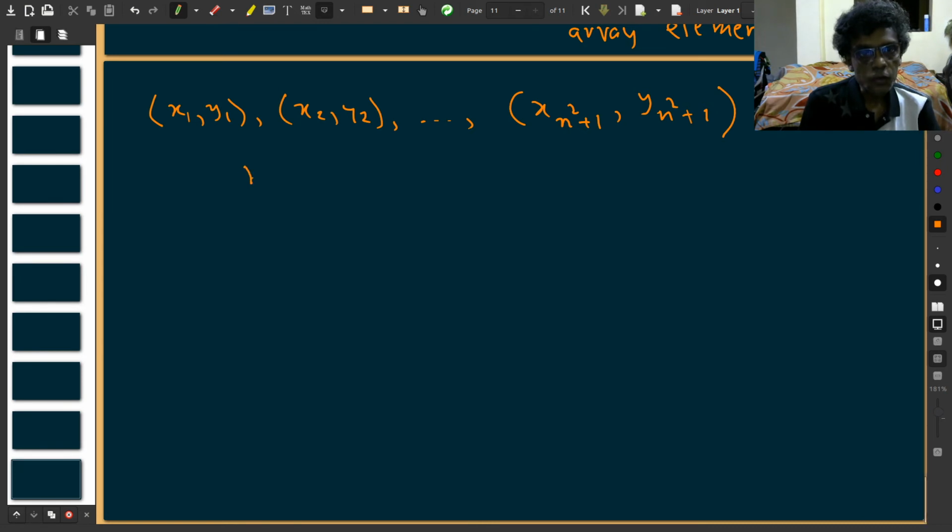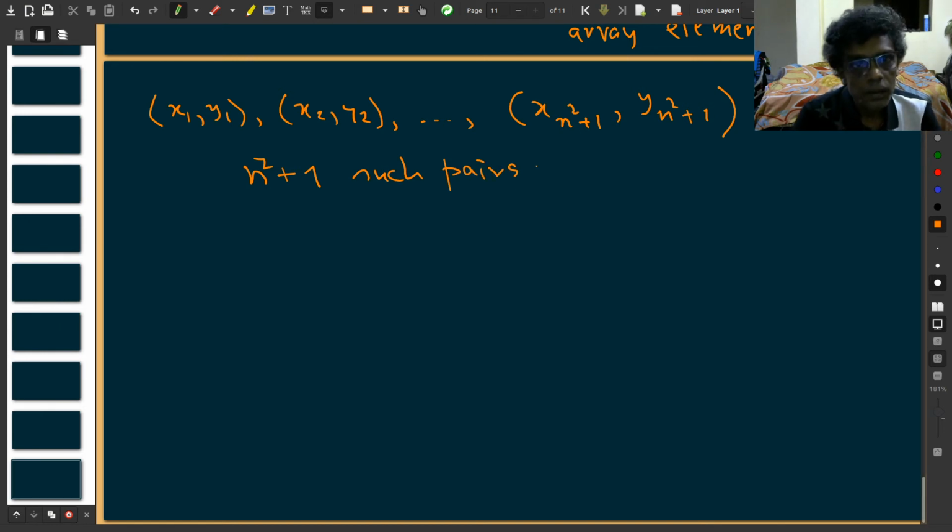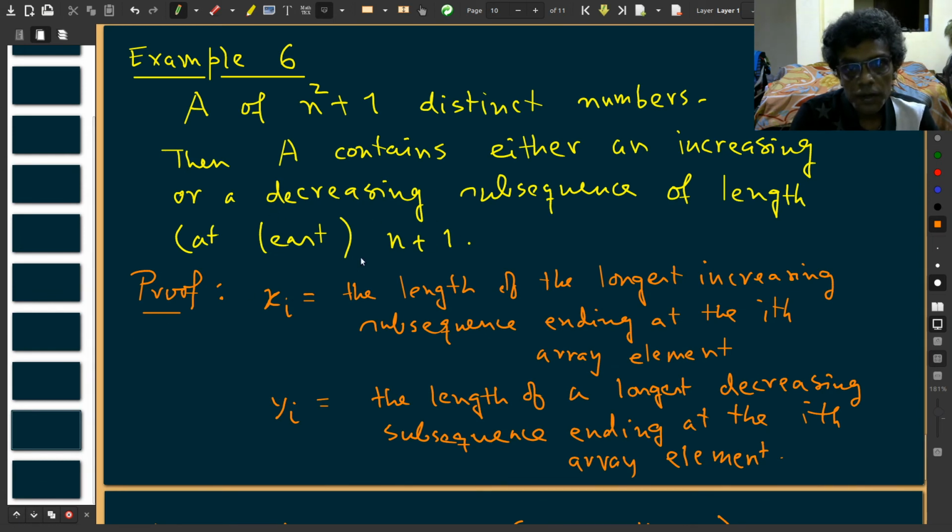So there are n square plus 1 such pairs. If this condition does not hold, then each xi is less than or equal to n, each yi is also less than or equal to n.